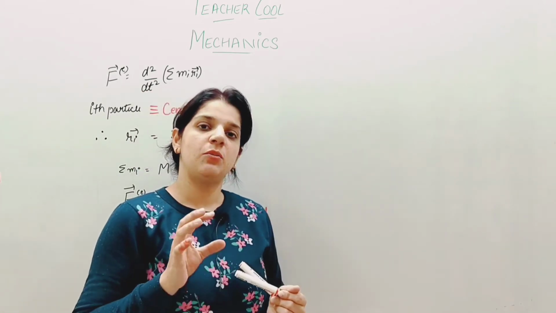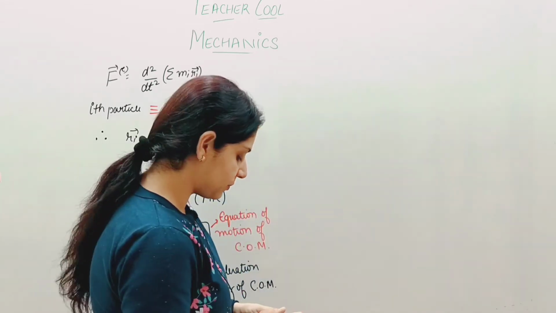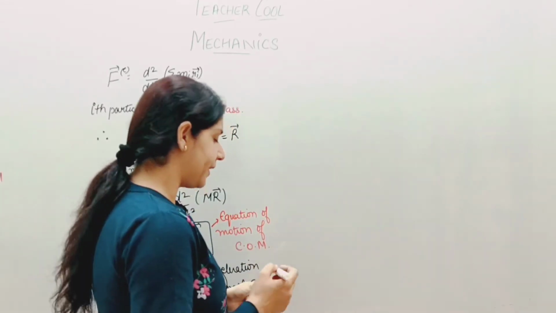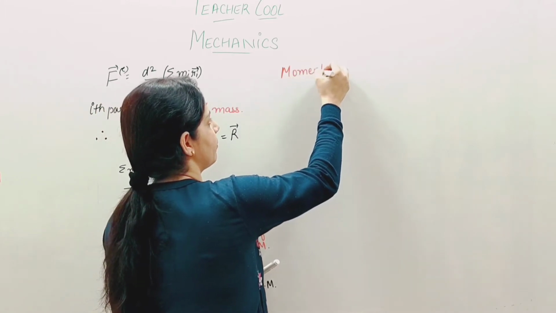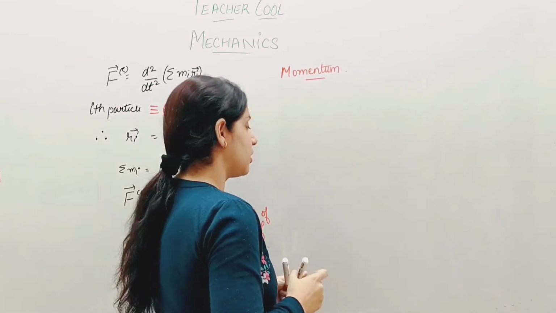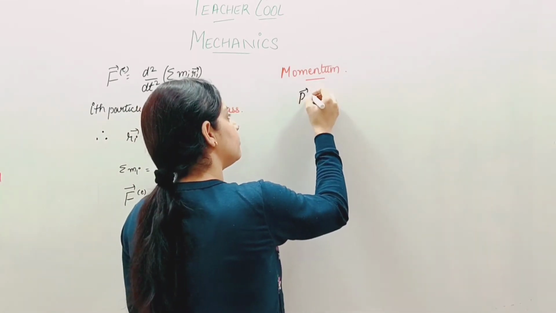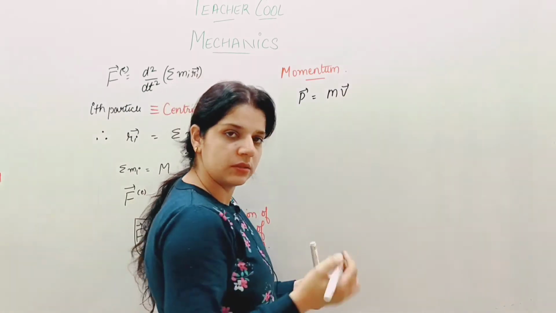So for finding the momentum of that ith particle or the center of mass, I can write momentum, which is the p vector, will be m into v vector.